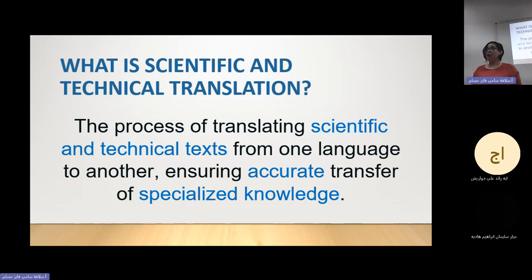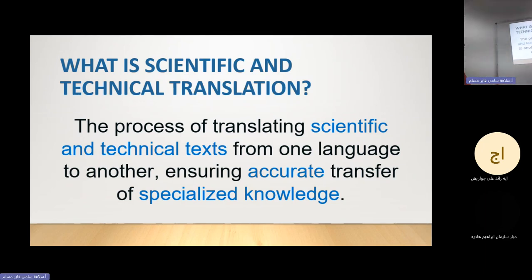It's a specific course for scientific and technical translation. So we are translating text, or we are transferring the meaning from one language into another in regards to texts that deal with scientific and technical information. Okay?